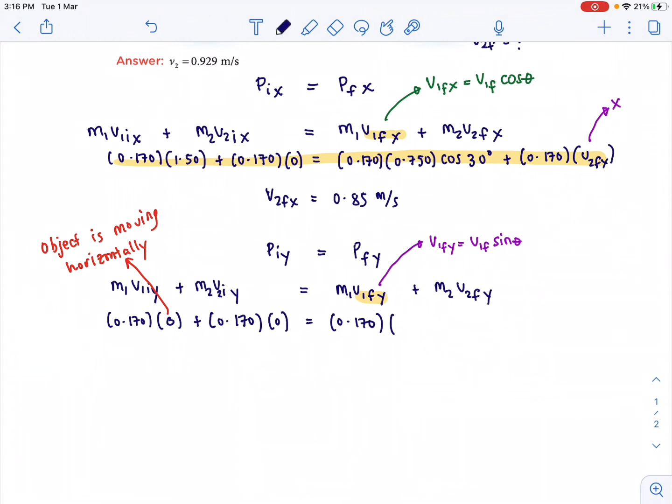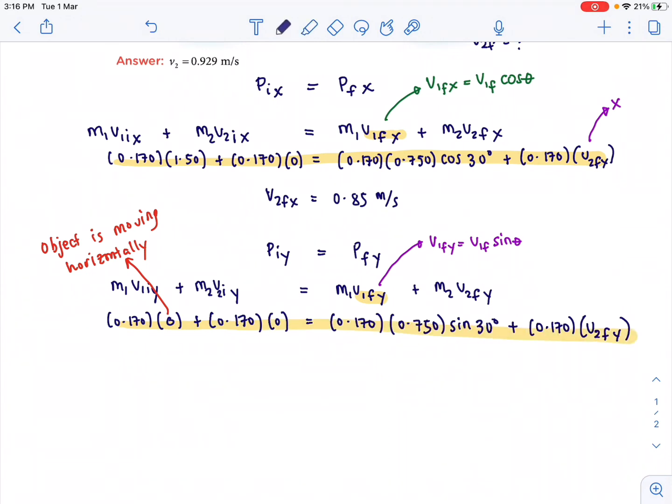V1 final is given to be 0.750, and sine theta would be sine of 30 degrees. Plus M2, 0.170, multiplied by the vertical component of the final velocity of the second object, V2Fy. So now we have set up our equation.